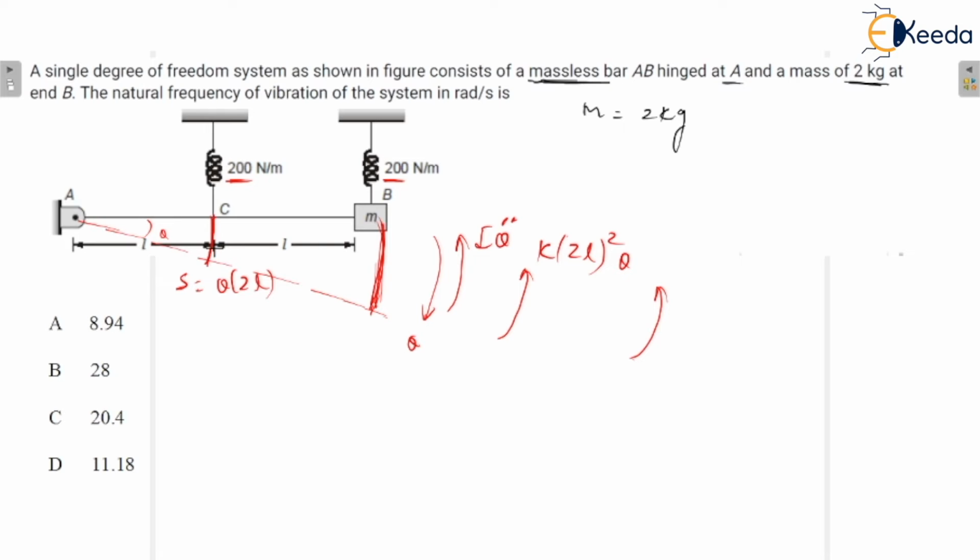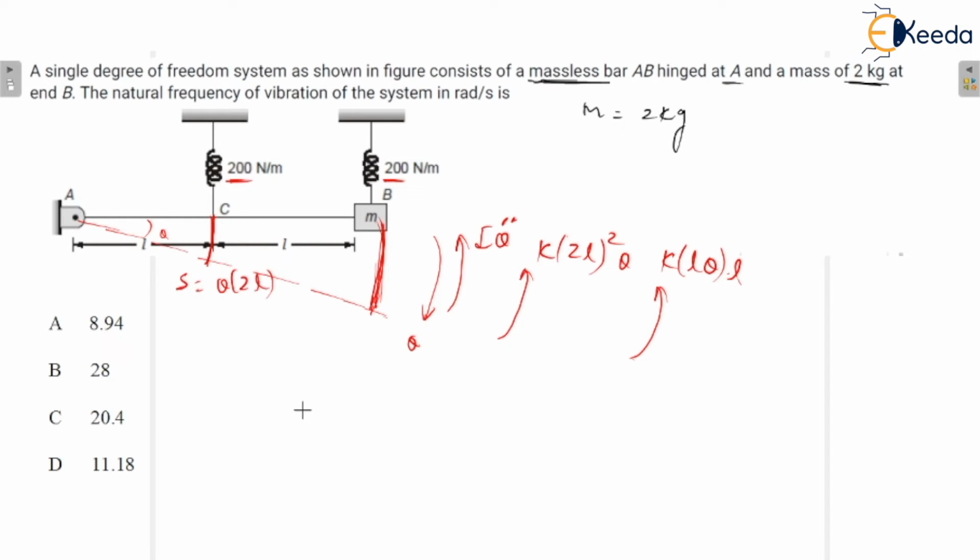If this is the displacement of the spring, what would be the force of the spring? The force of the spring is nothing but K into L theta, because both have the same constant K and this is the arc. Multiplying the force by the arm, which is L, gives the torque. So this is our equations.